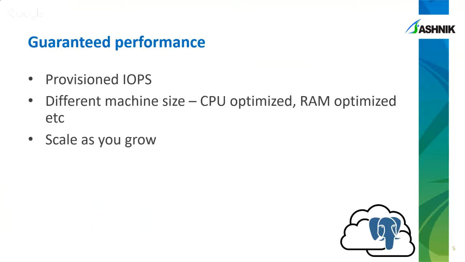It also provides different options when it comes to choosing CPU and RAM. You can also scale your setup horizontally or vertically as you grow. Of course, the choice of scaling, whether horizontal or vertical, will depend to quite an extent on the architecture that you have gone with, on the cloud database service that you have opted for.